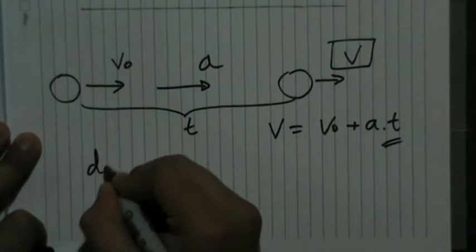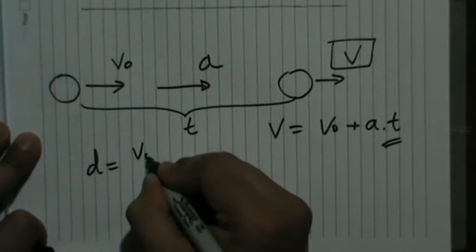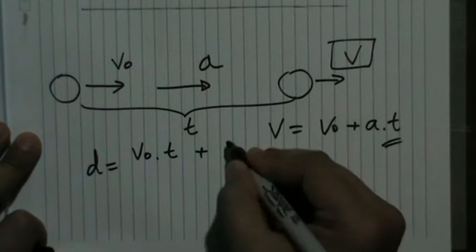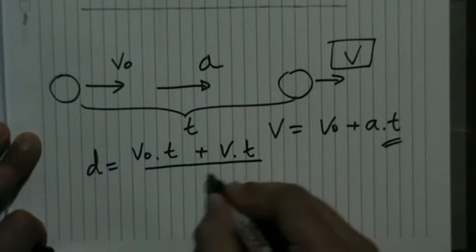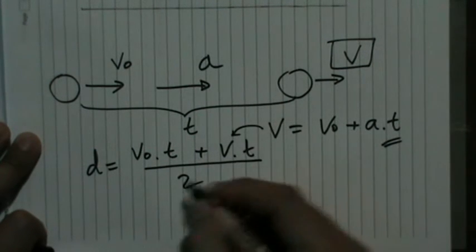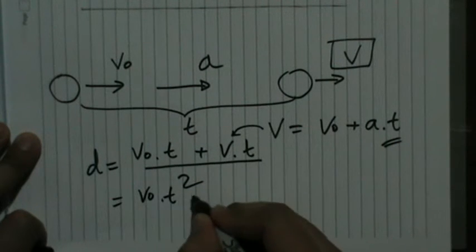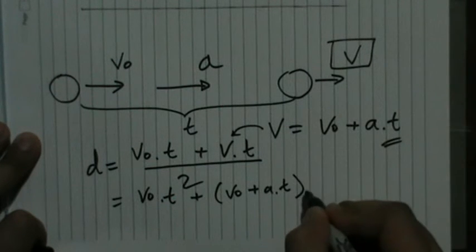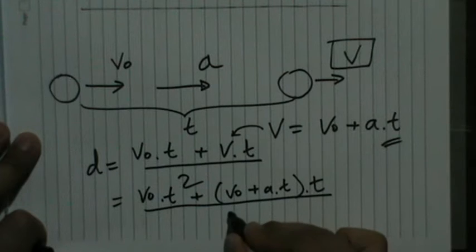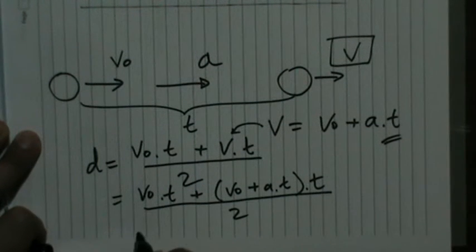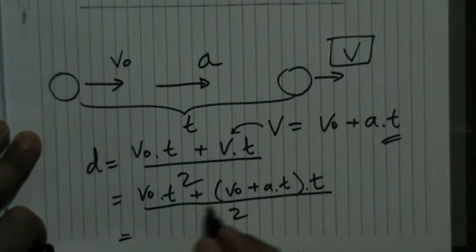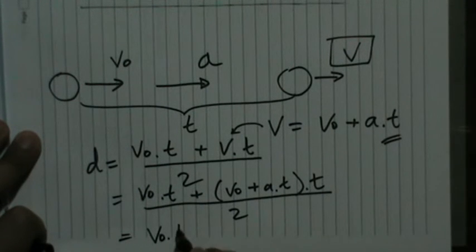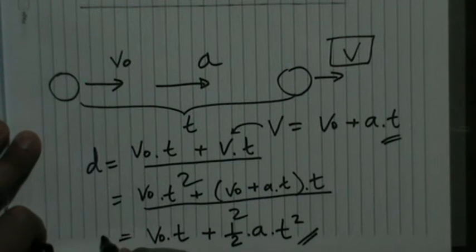So now if we calculate the distance like v0 times t plus v times t divided by 2, and then we put v here, v0 times t plus v0 plus acceleration times t, and then you can see that finally you will get v0 times t plus 1/2 times a times t squared.